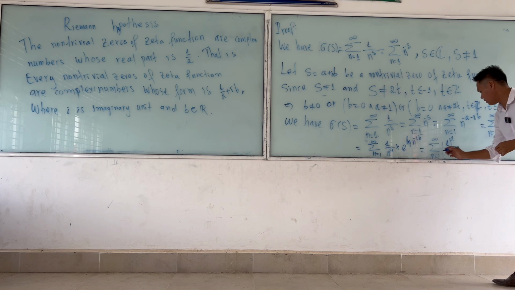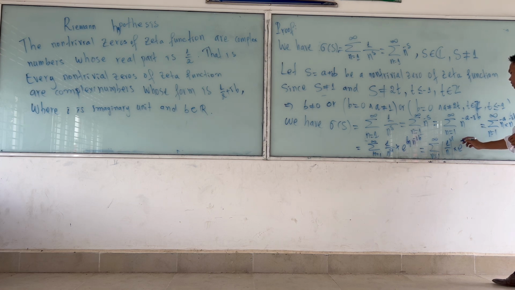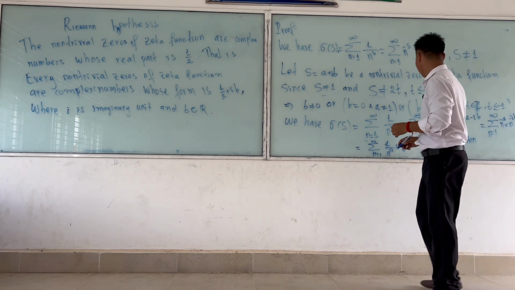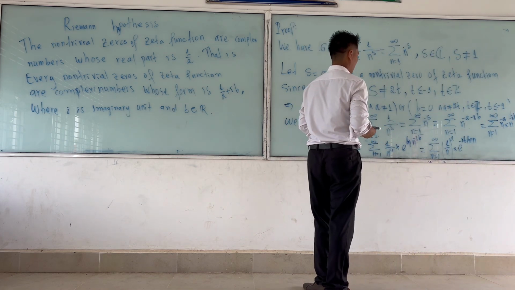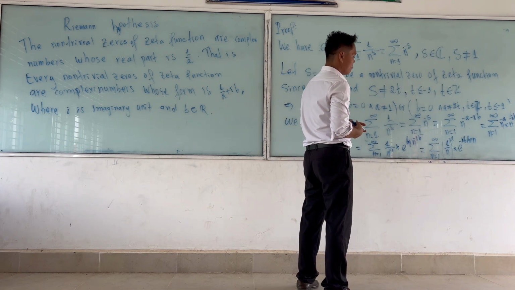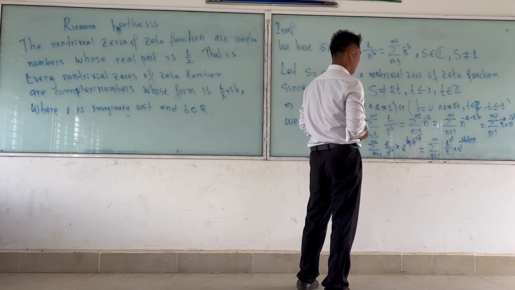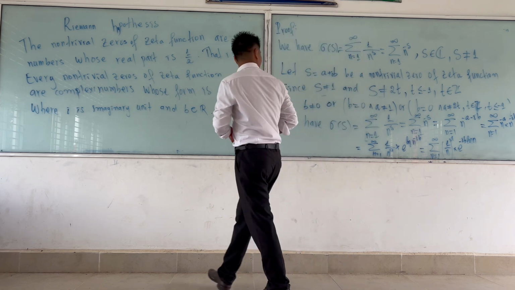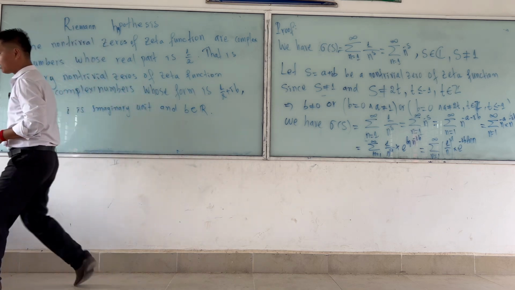Okay, and from this I get e multiplied by e power ib multiplied by natural log of n, where e here refers to Euler's number, right? Okay, so start here.